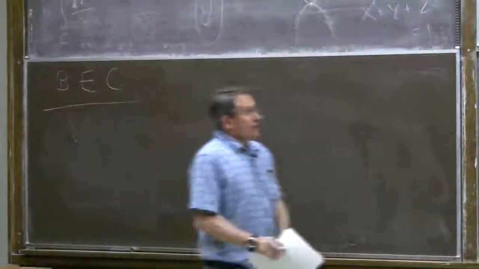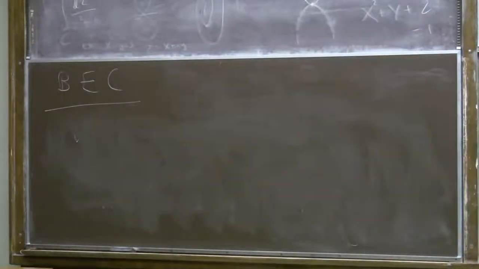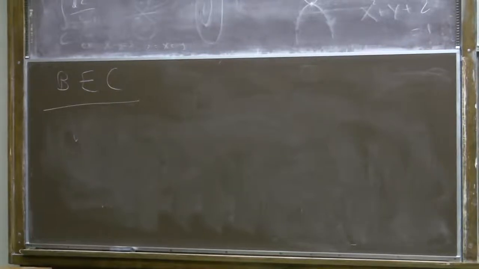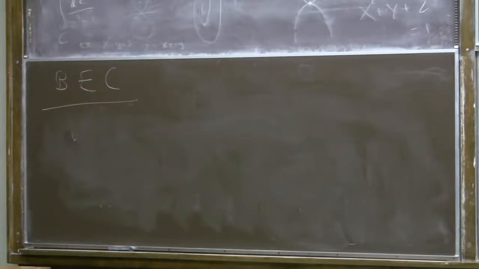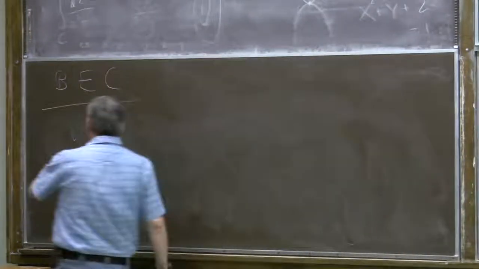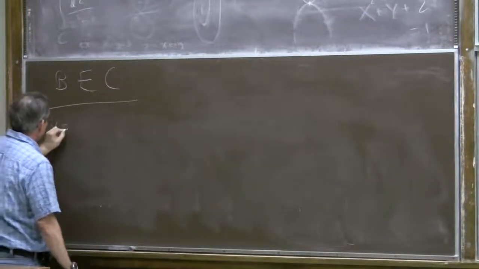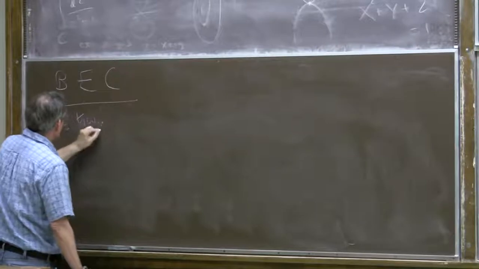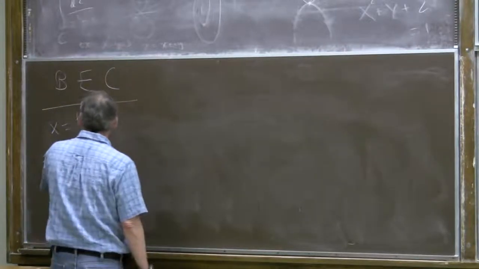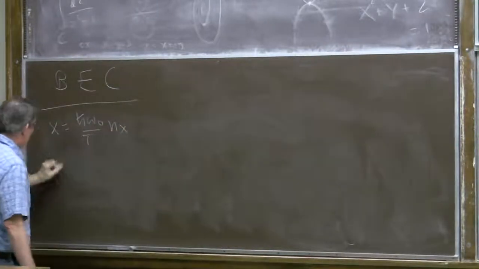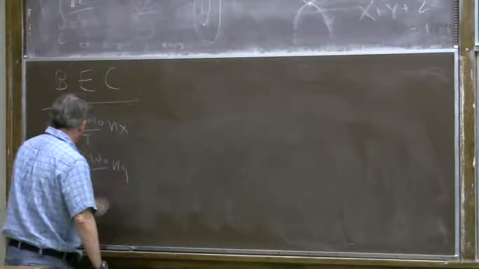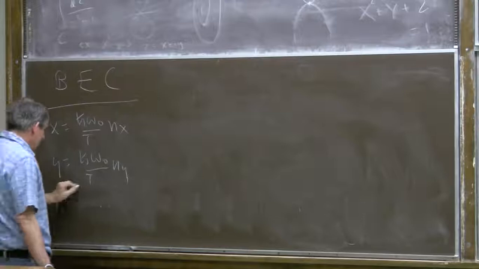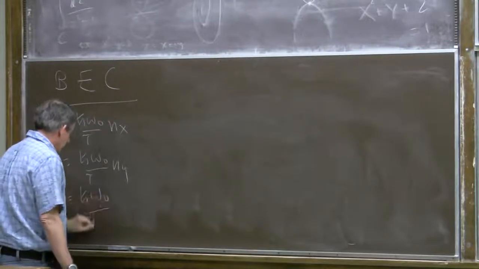So in other words, I can think of the sum as an integral over dimensionless variables x equals h bar omega naught over tau nx, y equals h bar omega naught over tau ny, and z equals h bar omega naught over tau nz.